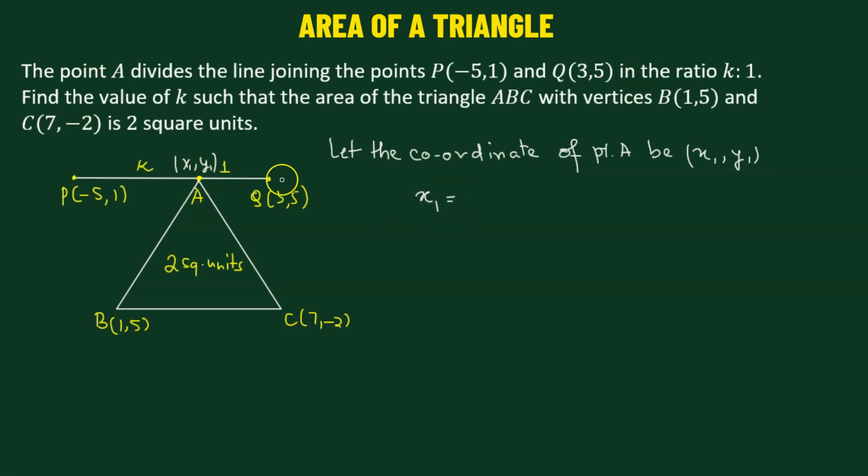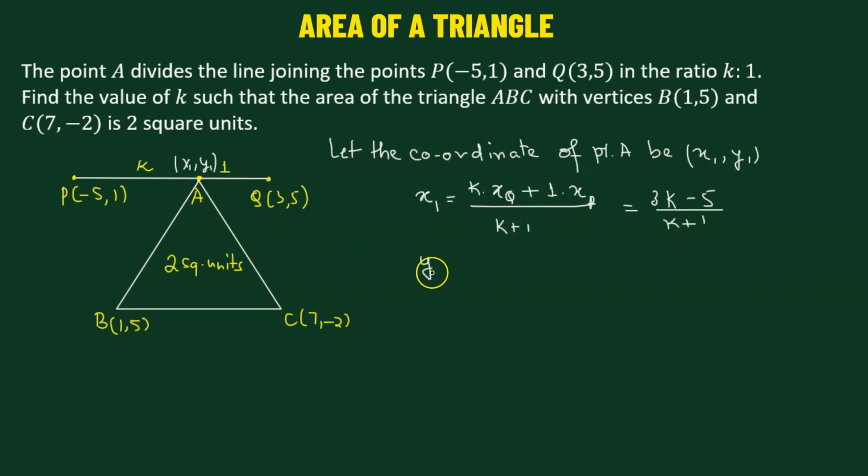So x1 will be K multiplied by the x coordinate of Q, added to 1 times the x coordinate of P, divided by K plus 1. The x coordinate of Q is 3, and the x coordinate of P is -5. So we get 3k minus 5 divided by K plus 1. This is going to be the x coordinate of point A.